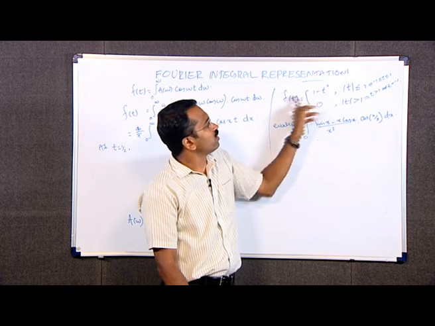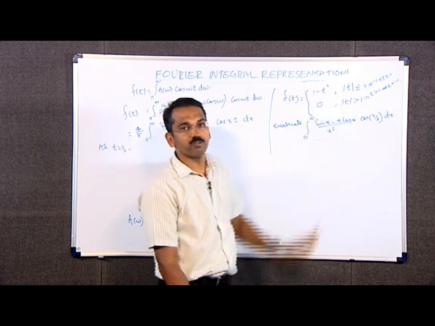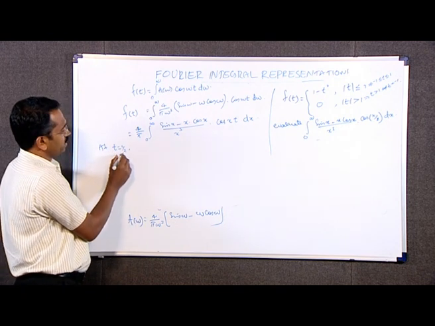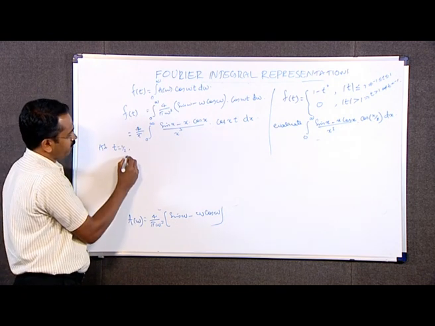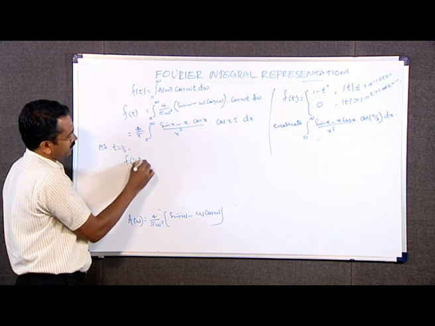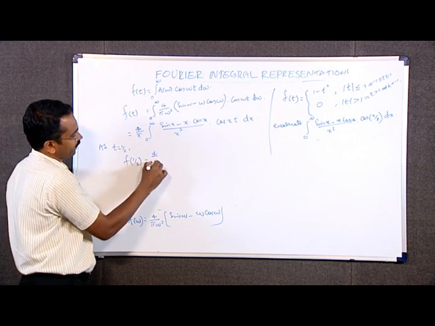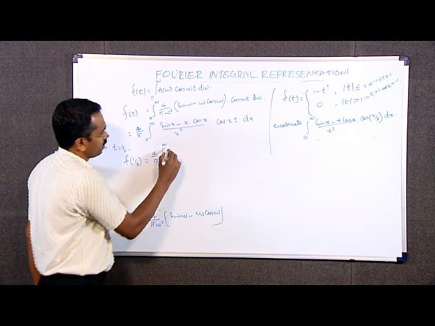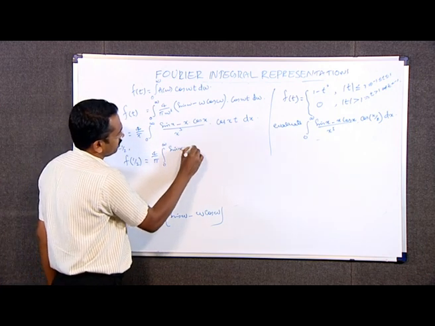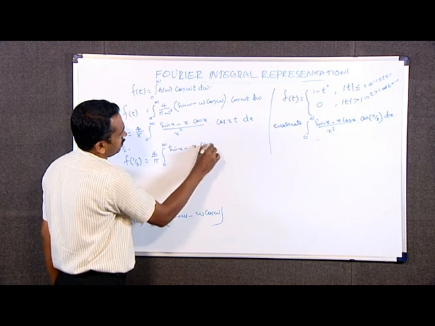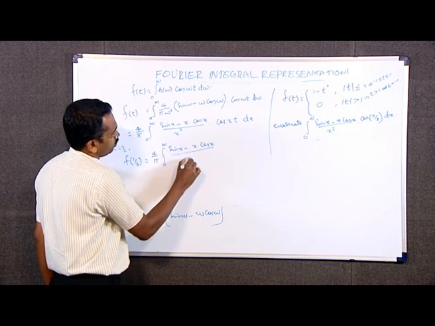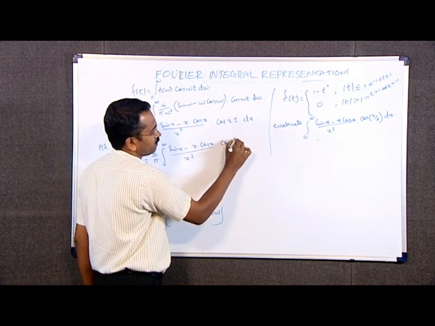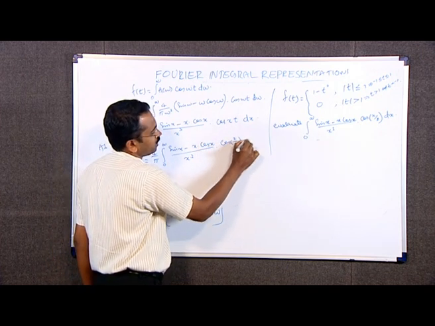Therefore, t equal to 1 by 2 is a point of continuity. We can evaluate at t equal to 1 by 2 as f of 1 by 2 is equal to 4 by pi into integral from 0 to infinity sin x minus x into cos x divided by x cube into cos x by 2 dx.